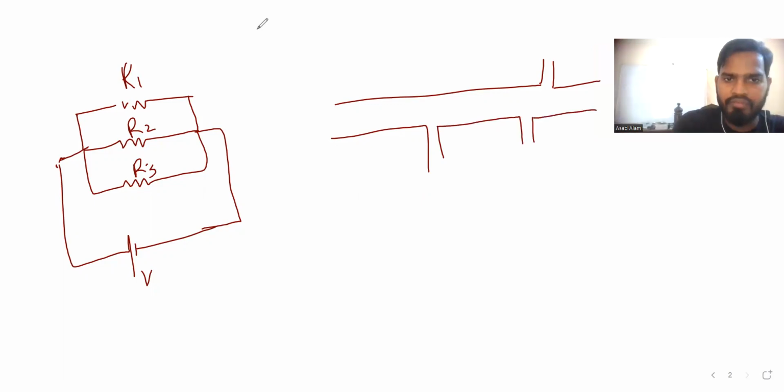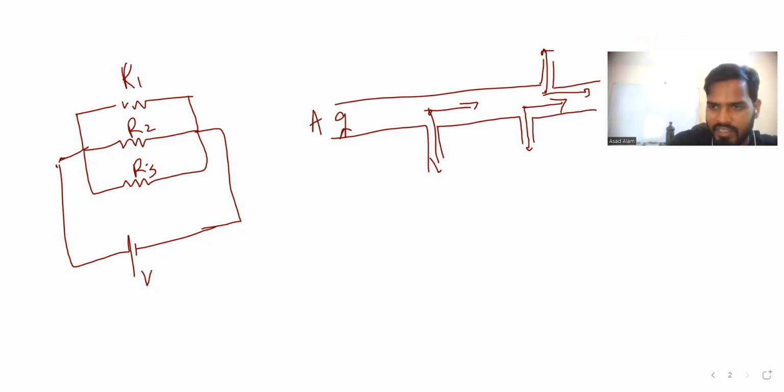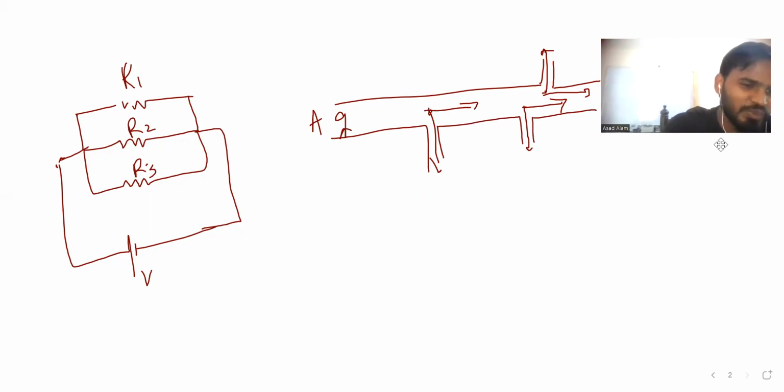You want to come from A to B, a 2-kilometer road. Once you come here, you get confused whether to go in this direction or that direction. Once you came here, again this direction or that direction. So whenever current faces a problem, getting confused, then we say it is in parallel. That is an easy way to determine whether it is in series or parallel.